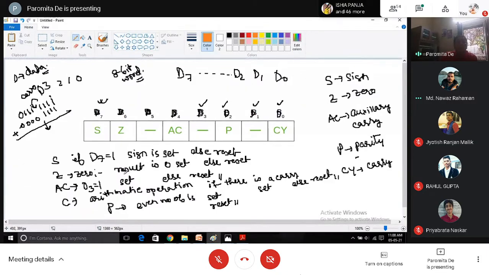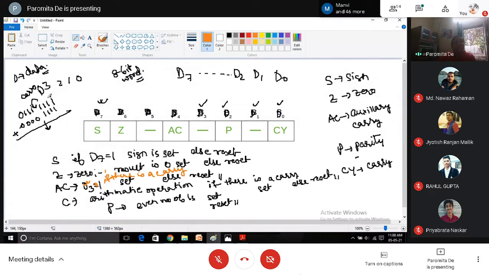I'm not writing the whole sentence. If there is a carry after the operation of the D3 bit, then it will be set, or else it will be reset.